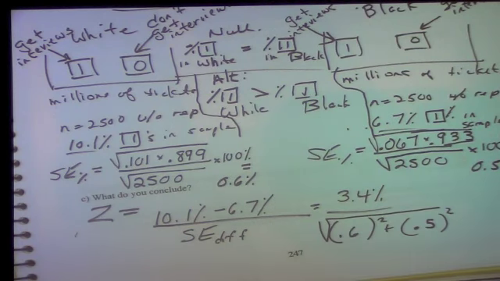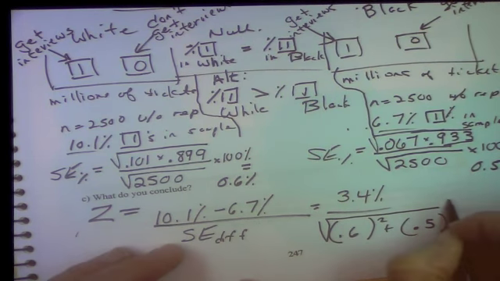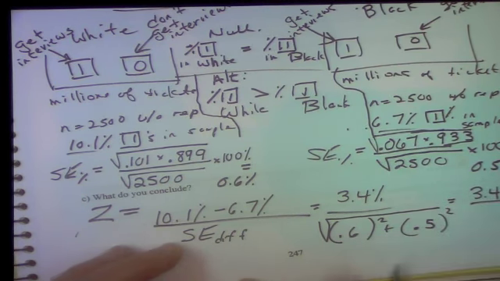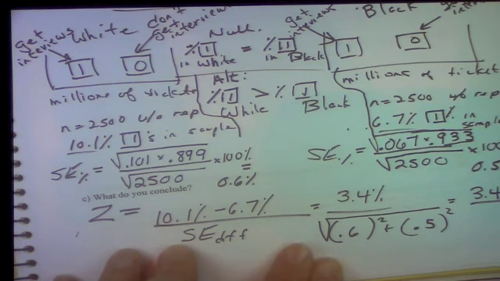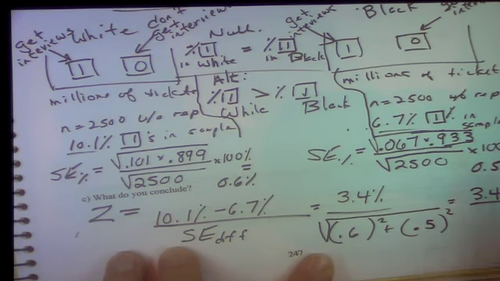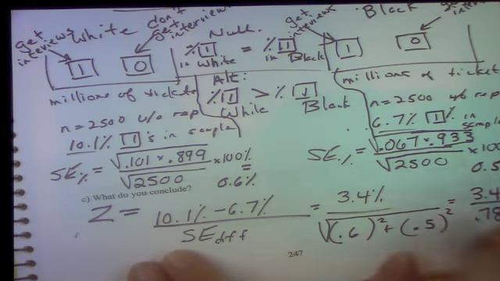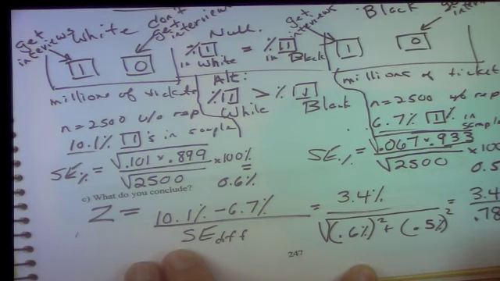The percents are all going to cancel out. So now what do I get? 3.4 over, what did I get here? 0.78. And I want to check this 0.78. You know, these are all percents if you want to put them in, but eventually they cancel out, and the z-score is just pure units.